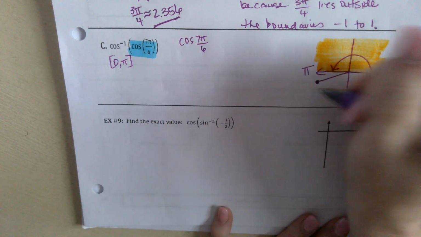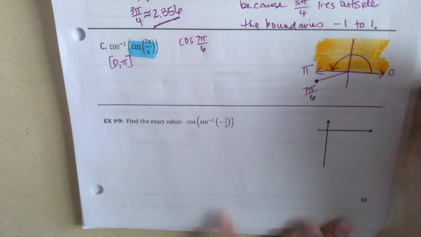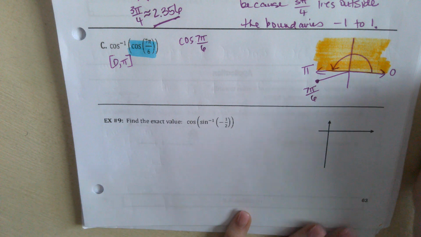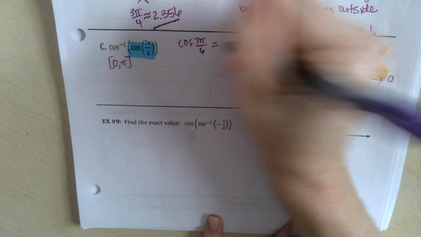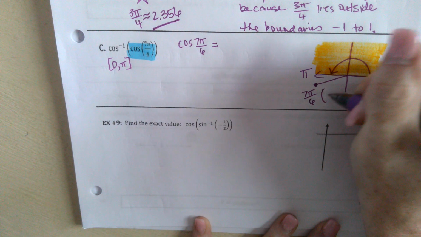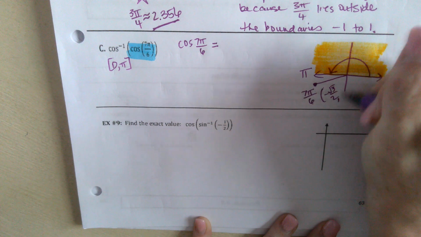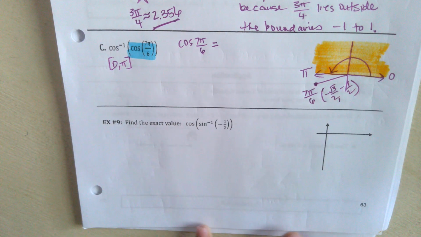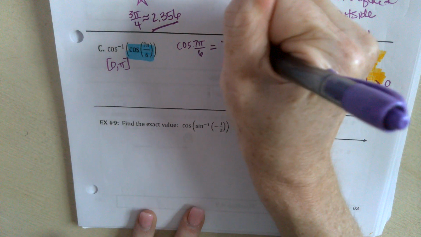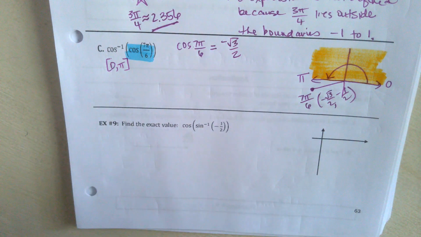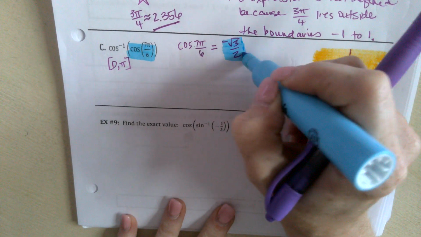Okay, 7 pi over 6 is the first one past the x-axis, okay? The cosine of that ordered pair, my ordered pair is -√3 over 2, -1/2 right here. So the cosine is -√3 over 2, and that is what I'm going to substitute.